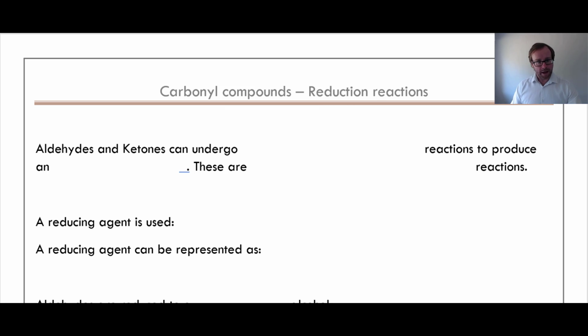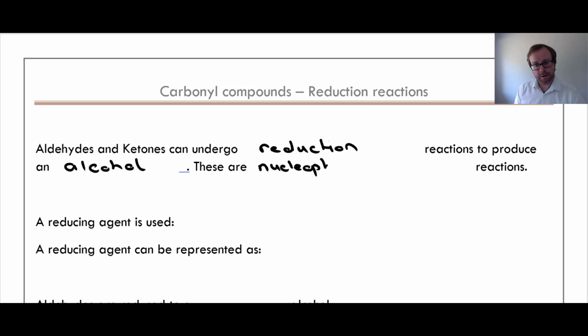Aldehydes and ketones can undergo reduction reactions to produce an alcohol. These are called nucleophilic addition reactions, which is also the name of the mechanism.